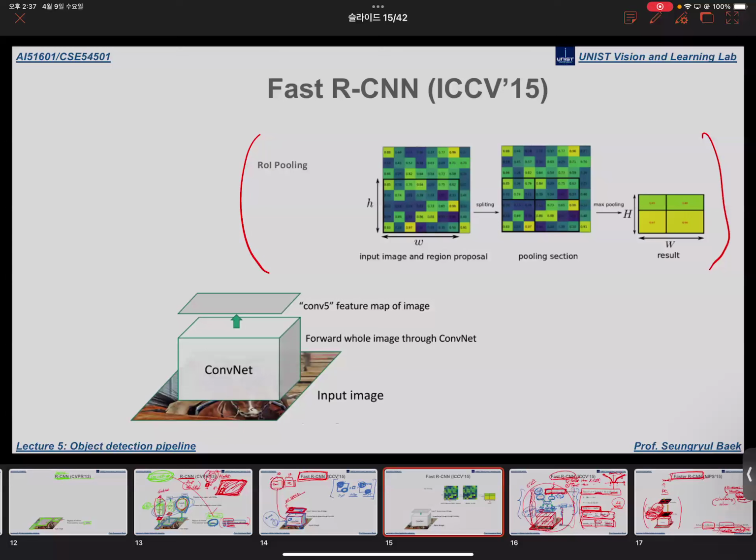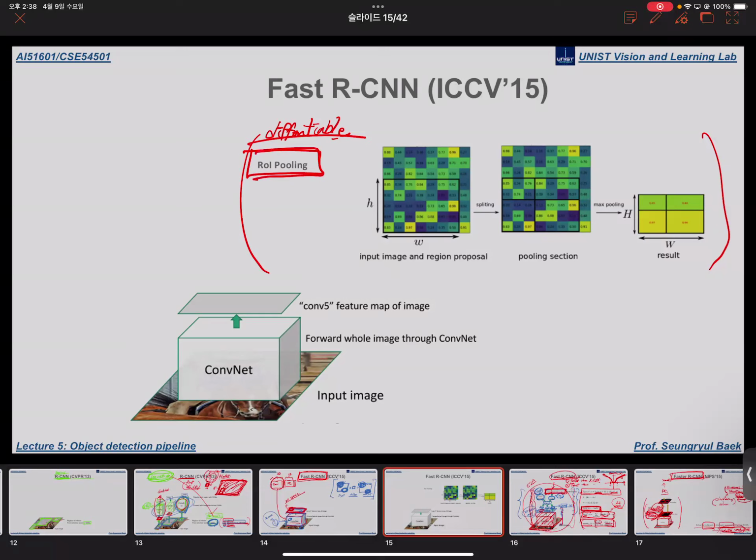And by exploiting this characteristic, what we will apply is the ROI pooling operation, which is a differentiable layer, and we can use this layer inside the deep architecture.